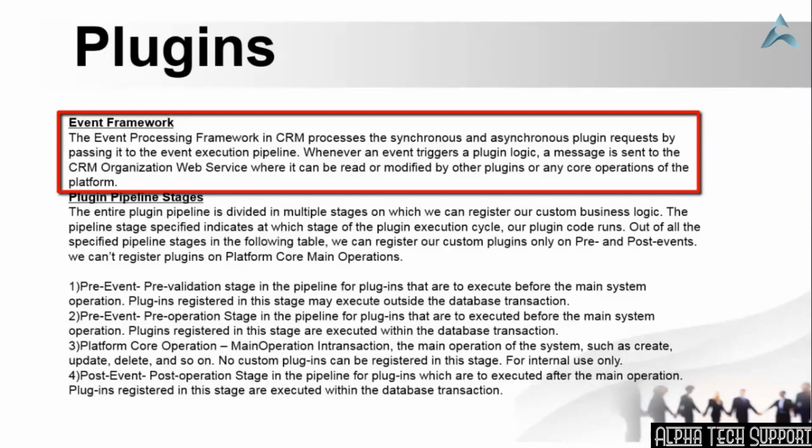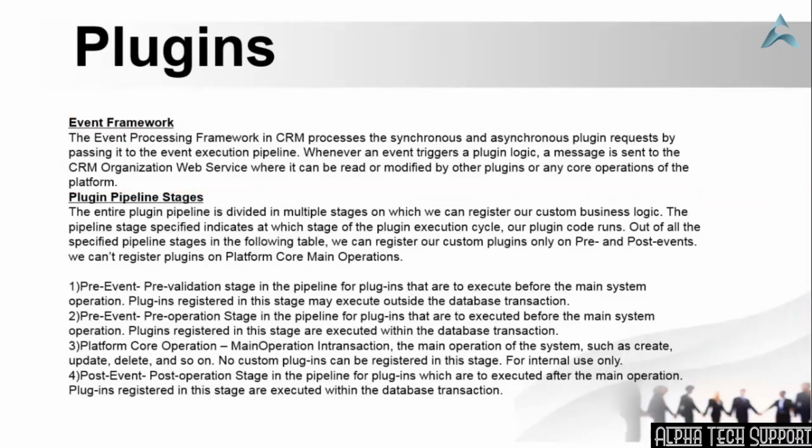Whenever an event triggers plugin logic, a message is sent to the CRM organization web service where it can be read or modified by other plugins or any other operations of the platform.